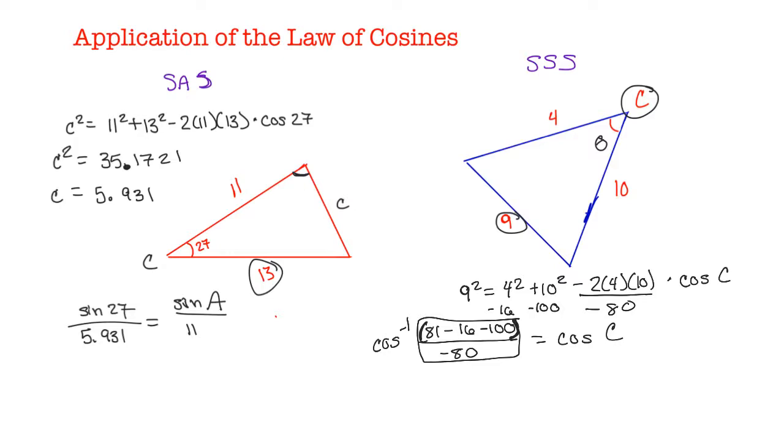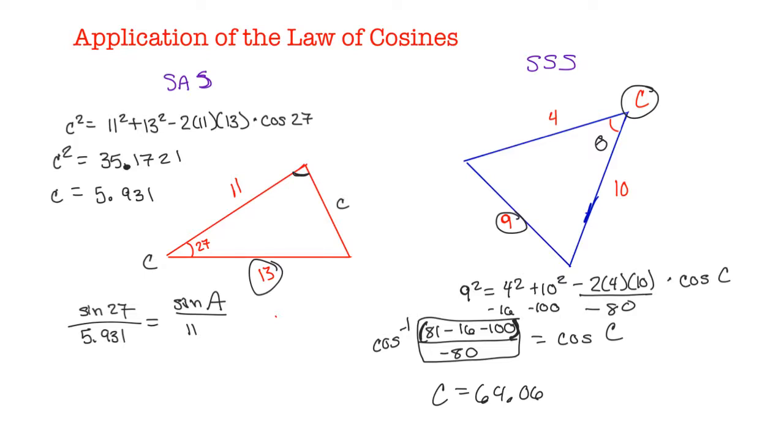Close my first set of parentheses, divided by negative 80, and then close my second parentheses, and I get that C is equal to 64.06, and so that's angle C. And then again, after I get that, I can do law of sines to be able to find the other two angles.